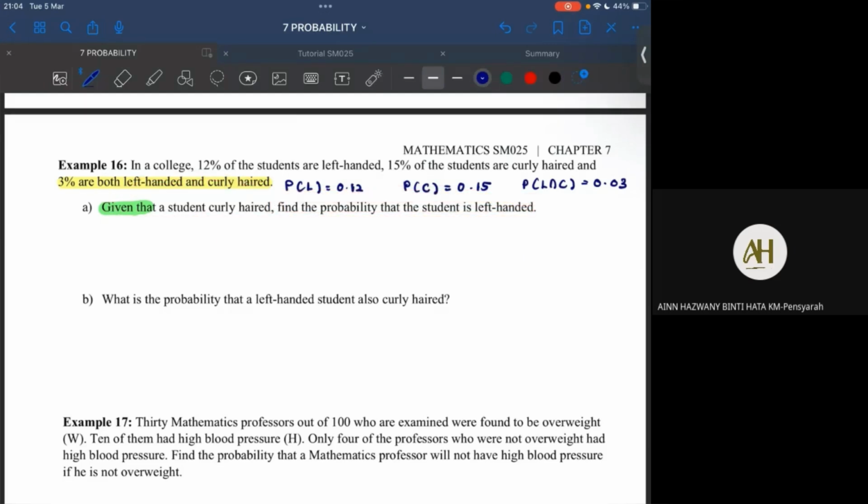Kalau kita tulis dalam formula, dia akan jadi P(left-handed given that dia curly head). By using formula, kita ada P(L intersect C) over P(C). So P(L intersect C) ialah 0.03, P(C) ialah 0.15. So we have 0.2.